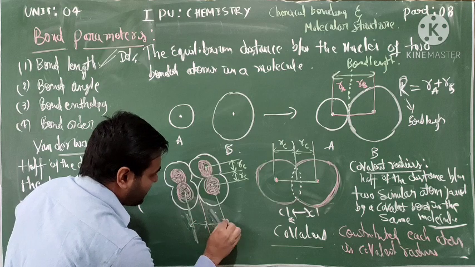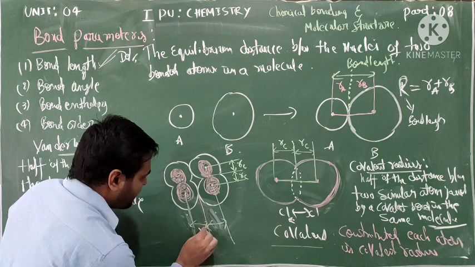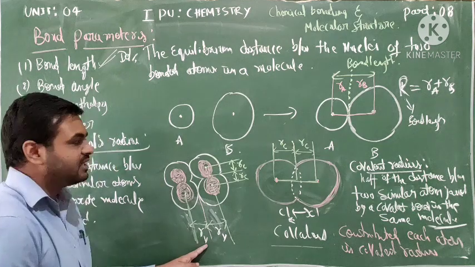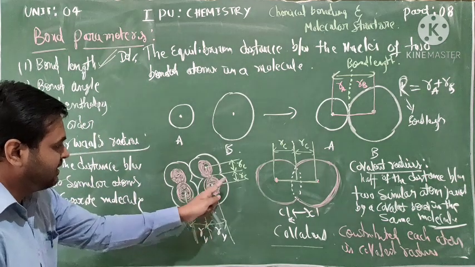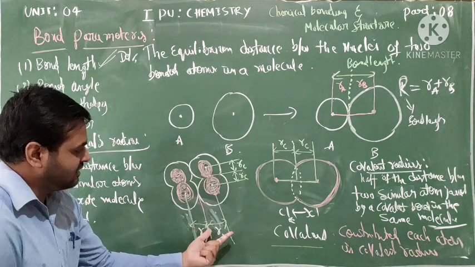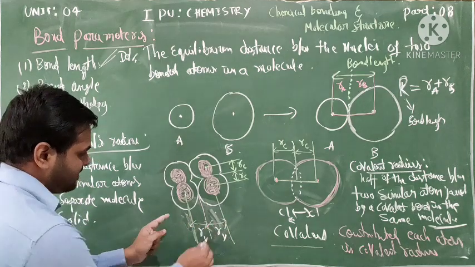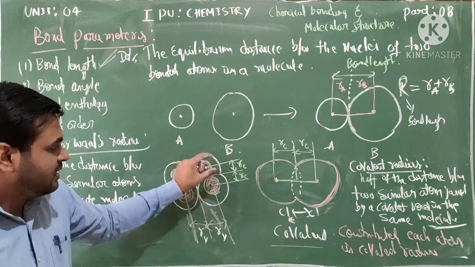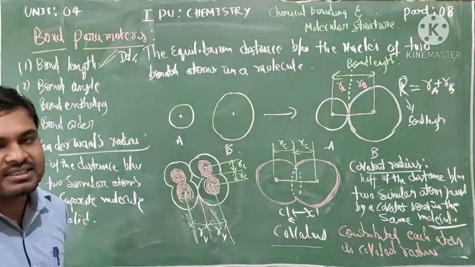This is called what? RV. RV means the van der Waals radius of one atom. This is also van der Waals, half of the distance. This is called the van der Waals radius. Clear? And this is the covalent radius.